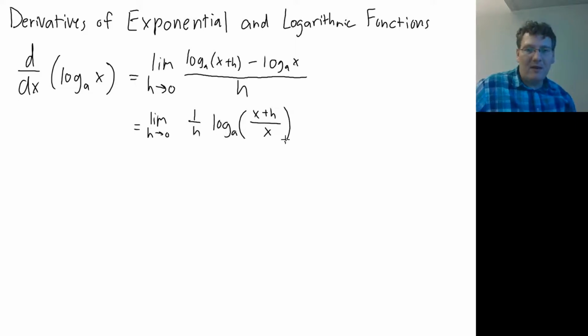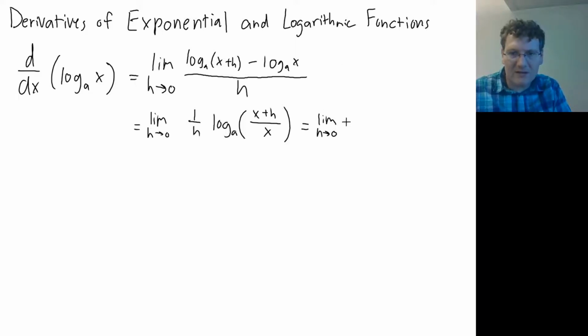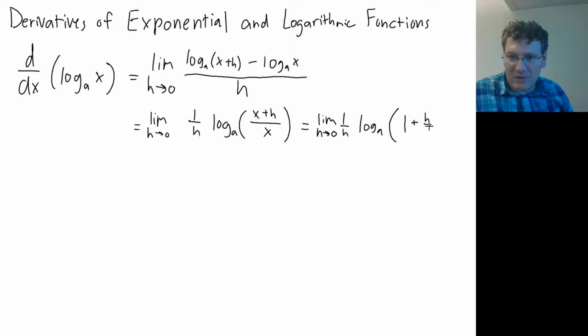And now we're going to split this inside the parentheses into two fractions. So the limit of 1 over h times log base a of, if you split up x over x plus h over x, it's actually 1 plus h over x.